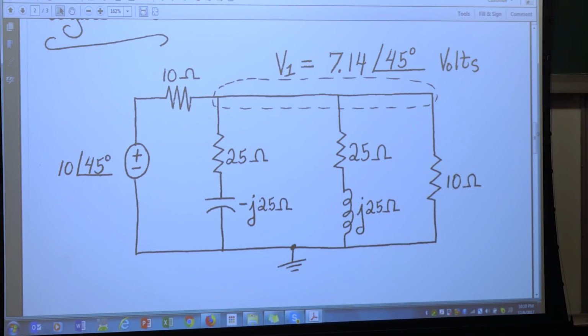So I don't get confused while you're drawing that, let me erase this. All right, I think you've had enough time to draw it.